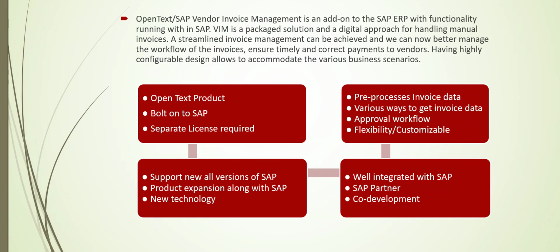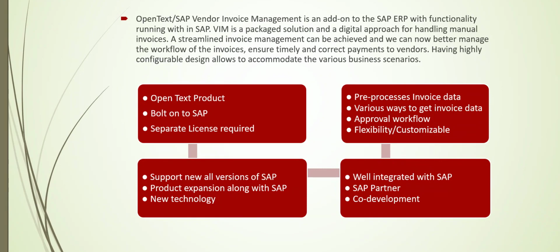Okay, so coming back to the point, I was saying that the flexibility and customization point we have covered, and then I was talking about how, since SAP and OpenText have partnered together, they are doing co-development. That is where we get support for all the versions. All the versions of SAP are supported by Vim, or vice versa.